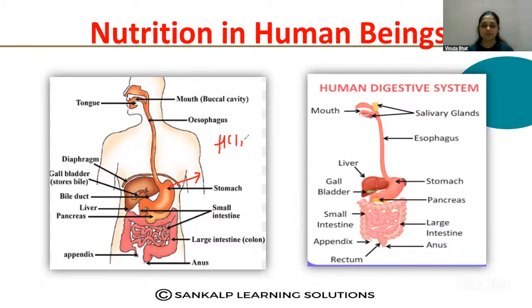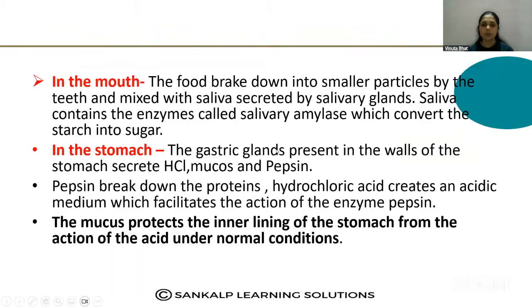These glands present in the walls of the stomach secrete HCl, hydrochloric acid, then mucus, then pepsin. So these are the 3 important chemicals that are secreted by the walls of the stomach. What are the 3 important ones?